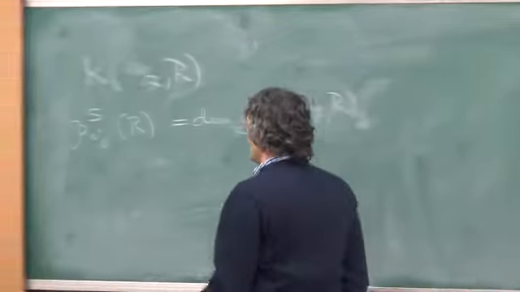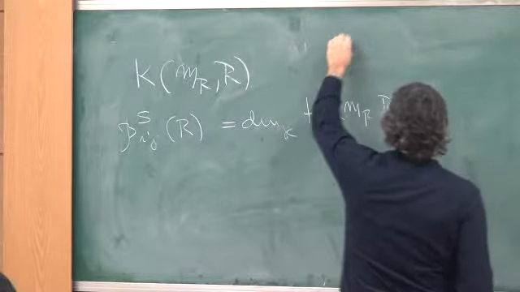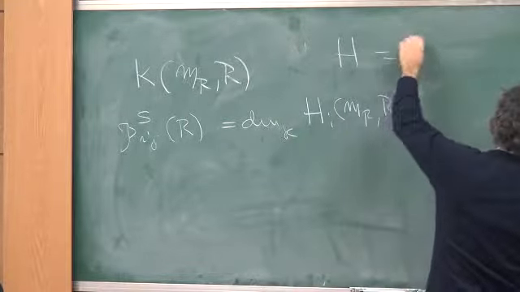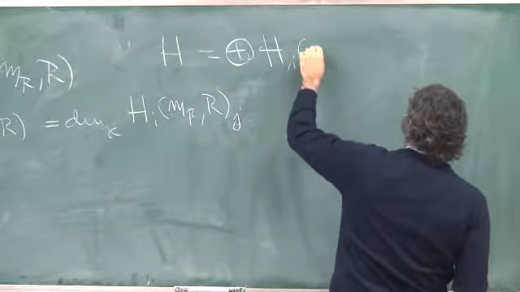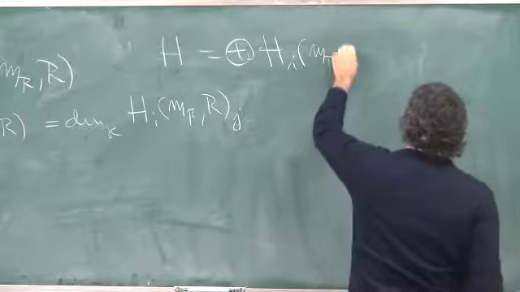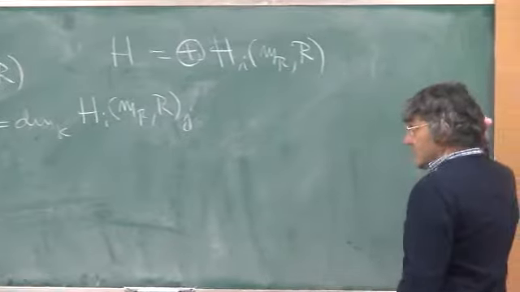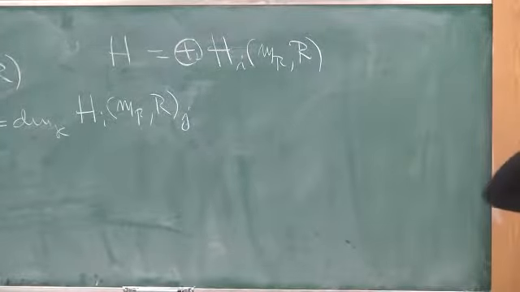Okay, now, we know that if we take the Koszul homology, this is a ring.